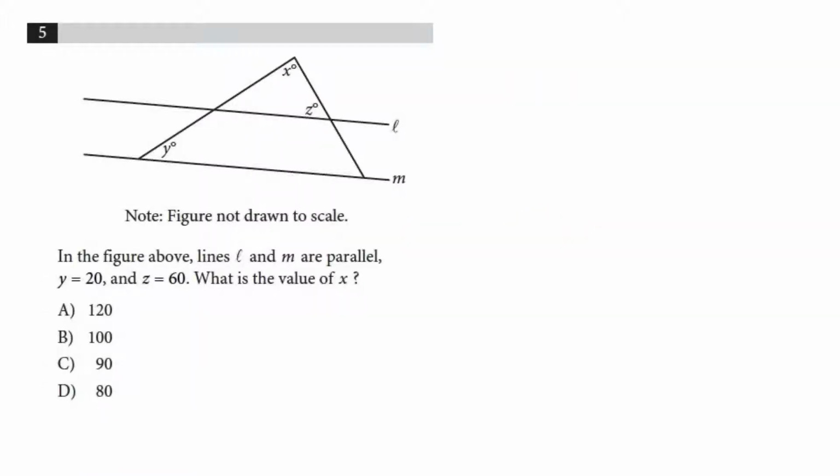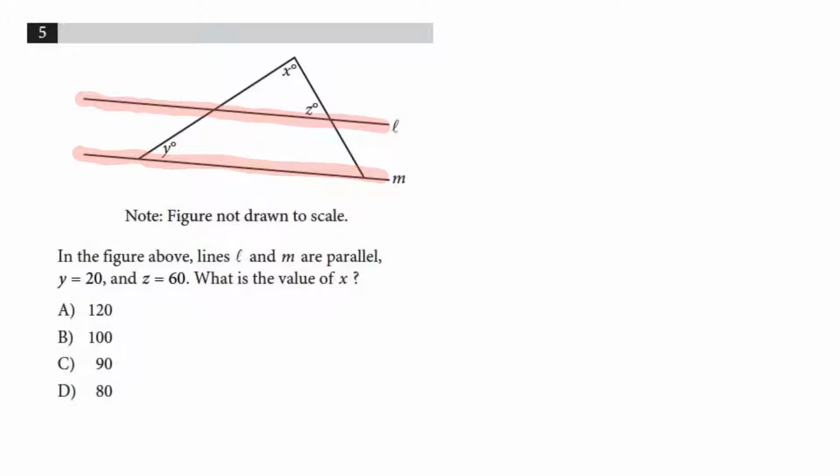Number 5. Let's see. In the figure above, lines L and M are parallel. Y equals 20, Z equals 60. What is the value of X? Well, parallel lines, we should be thinking about our properties of transversals, thinking back to geometry.